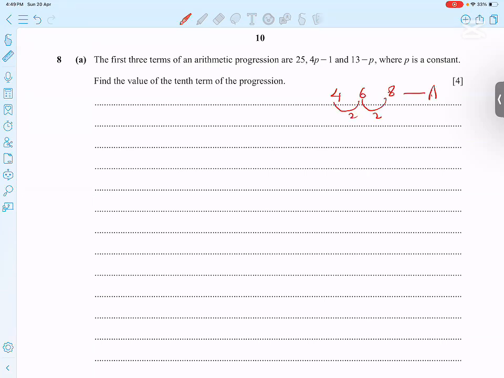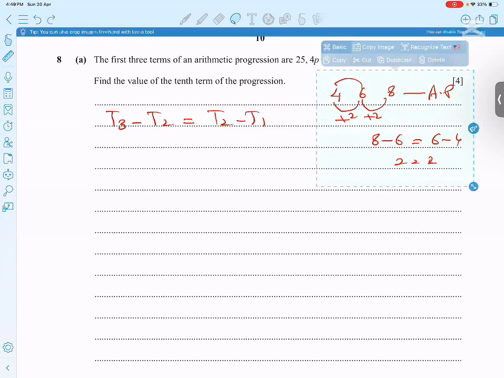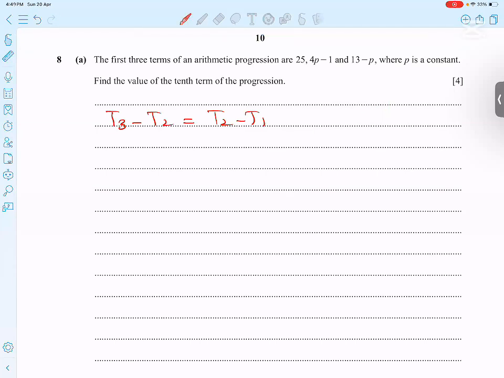These are in arithmetic progression, and they are consecutive terms. If you subtract 8 minus 6, and 6 minus 4, you get exactly the same. In the same sense, we can say third term minus second term is equal to second term minus first term. Same criteria. I'm using it here. I hope you got the point why I'm using this connection.